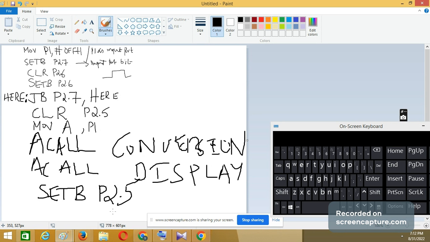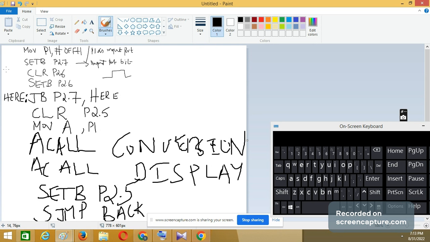Next data, whenever it comes, it has to clear and read. Okay, so set bit P2.5 and SJMP, this process has to continue. SJMP back. Going back to what? For the next conversion you have to give the signal. Correct.